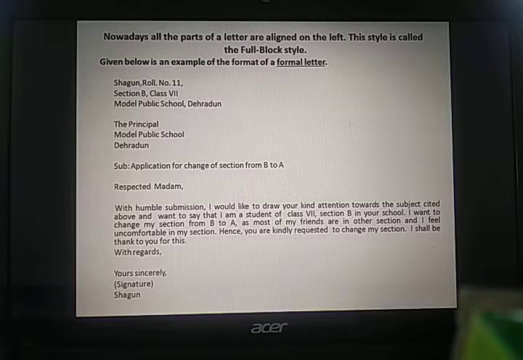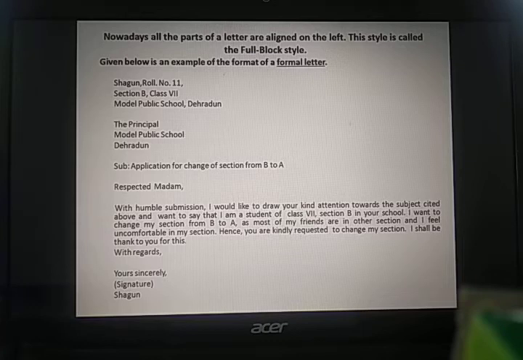Some of them were written on the right side and then left side, and commas etc. were also used. Here too you are finding some commas, but commas are not required in these kinds of letters which are called full block style, and all the parts are aligned to the left. You can see it begins from the left.